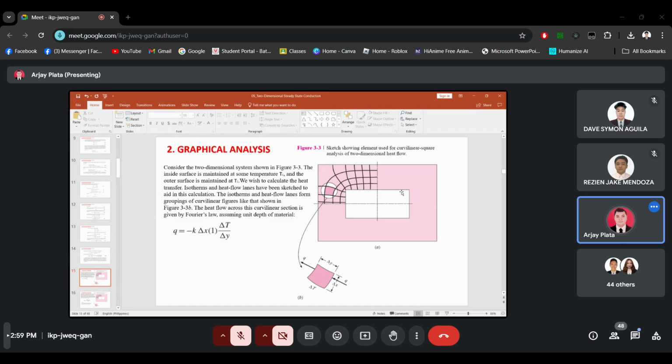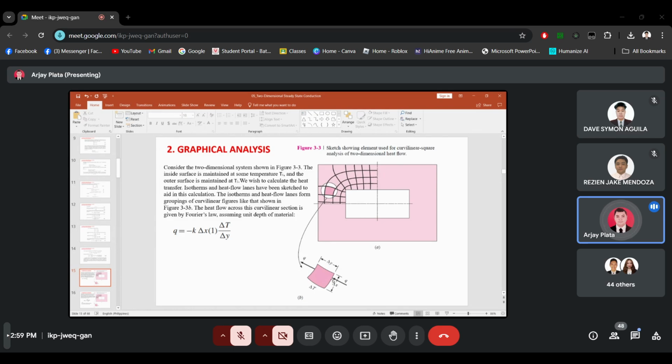So first, we have the formula for finding the Q, which is negative k delta x times 1, or the area. So in this figure, this is our heat transfer.